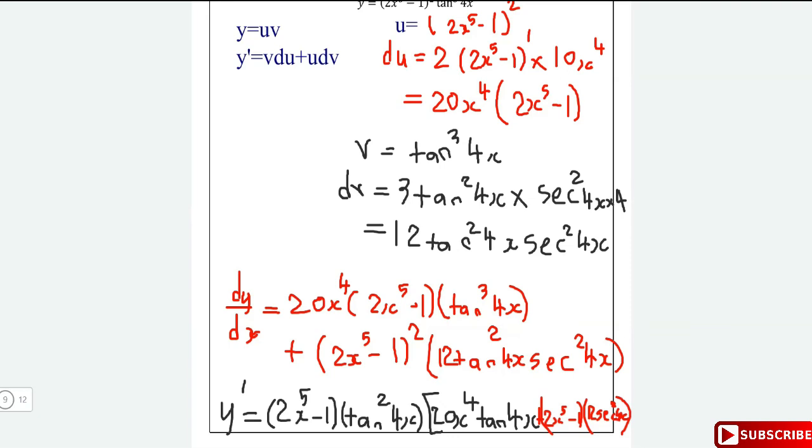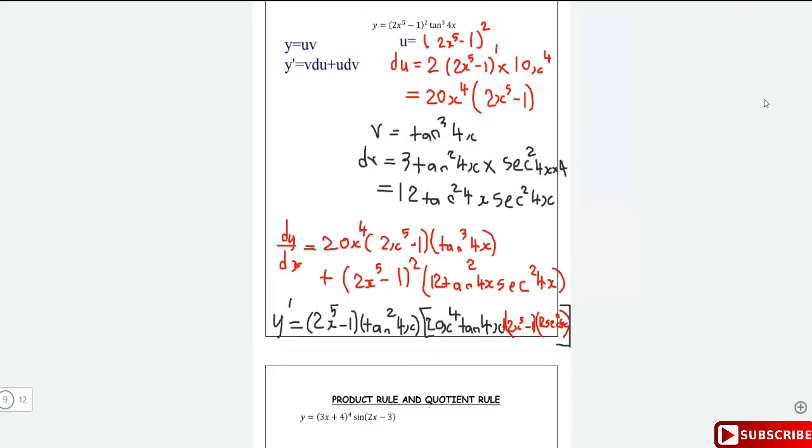Nice. And then we can close up the bracket on the outside. And that's it when you factorize it. You can, of course, simplify inside this bracket if you may, but that doesn't matter. But this is a typical question where you'd have to use product rule.